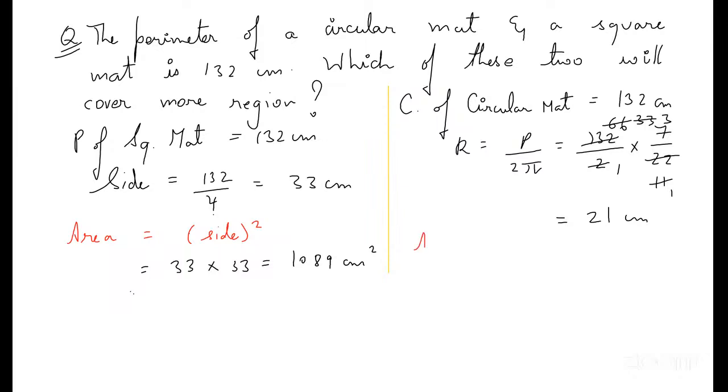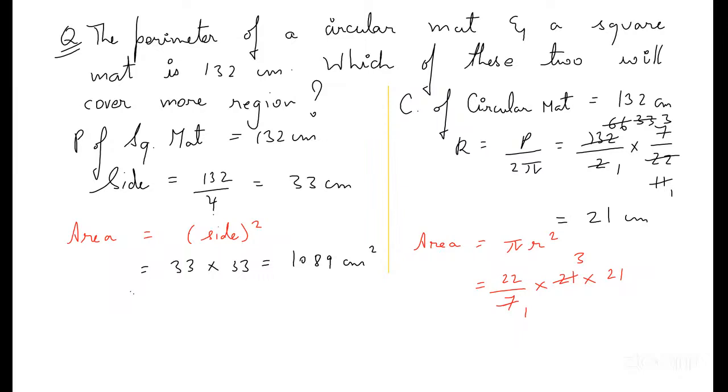Area is how much? Pi r square, 22 by 7 into r square, which means multiply the radius by itself. 3 sevens are 21.